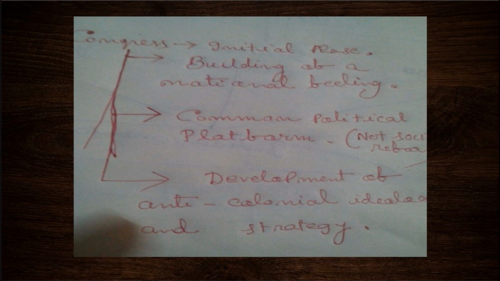This is one of the causes that it did not take up social reform, because it was a very sensitive matter, and at first the purpose of the Congress was to build up a gradual process of national feeling.